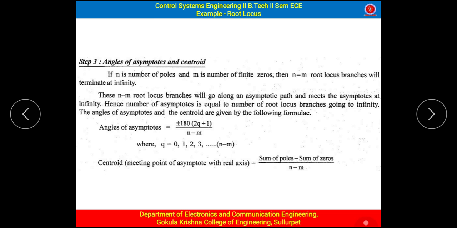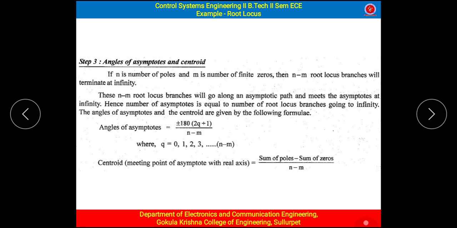But if we have 3 poles and only 1 zero, then the first branch may start from 1 pole and end at the zero. The remaining 2 branches will anyway start from the poles we already have, but where will they end? They will end at infinity. So these branches should go towards infinity, right?